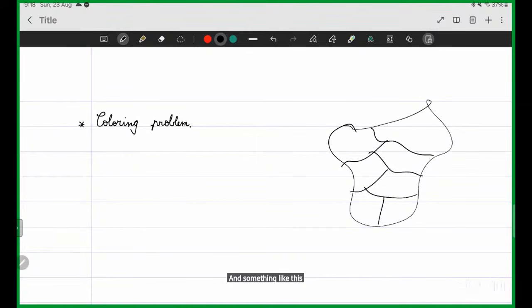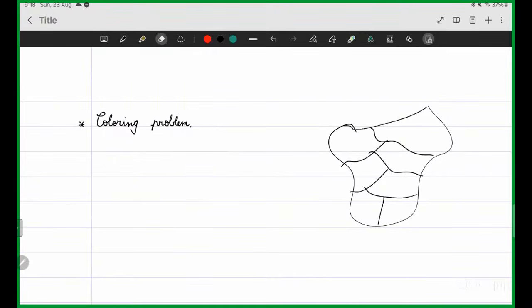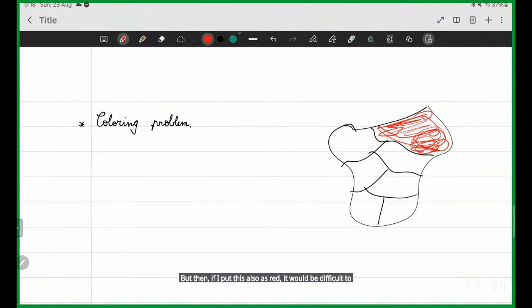Now, if I want to color this map to present in a book or whatever, how would I color this? I can put this as red. But then if I put this also as red, it would be difficult to read it. So usually what is done is these things are given different colors, right?